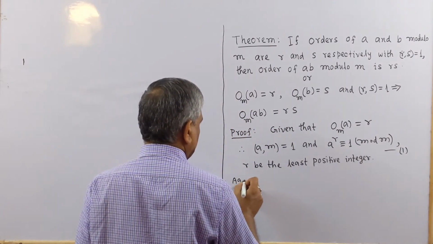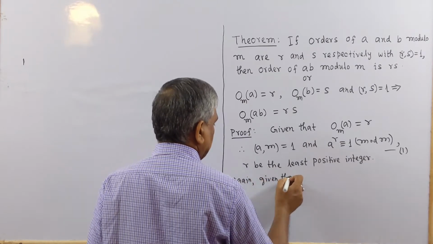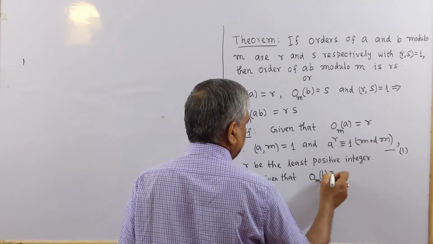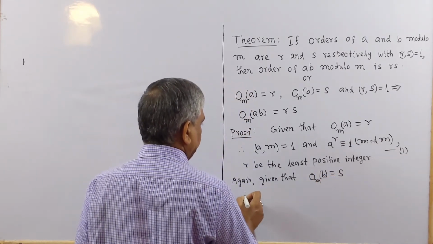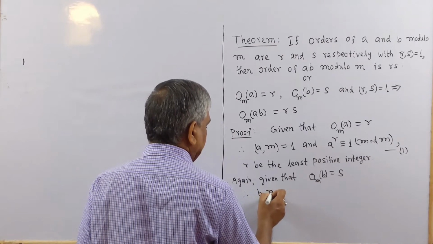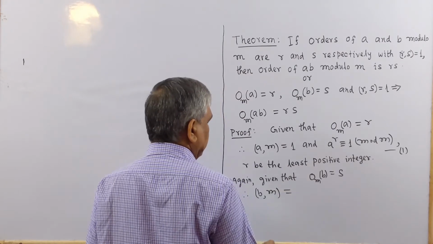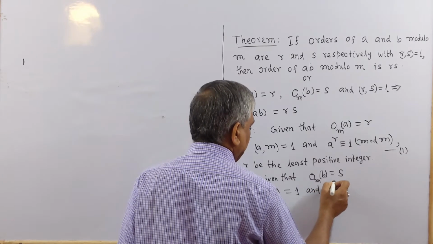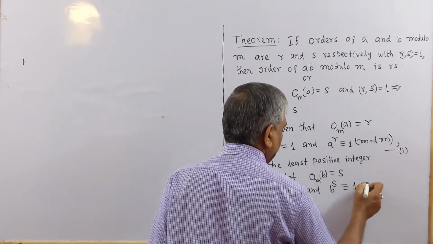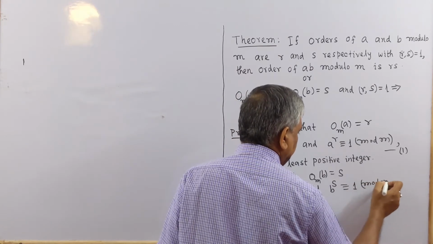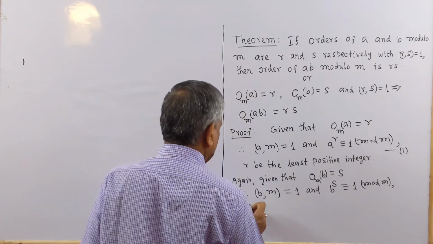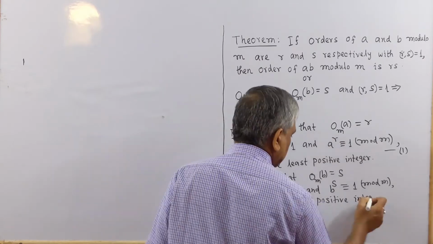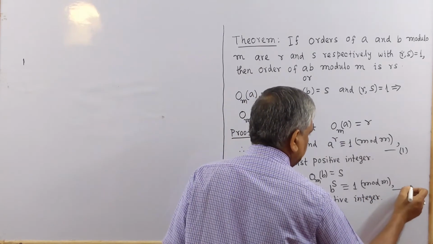Again, given that order of b modulo m equal to s, therefore GCD of b and m equal to 1 and b to the power s is congruent to 1 modulo m, where s is the least positive integer. Let this be number 2.